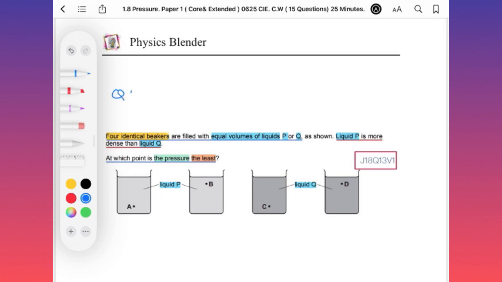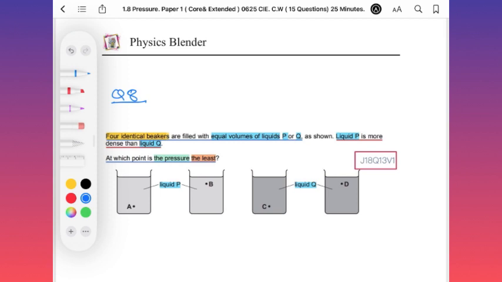Question 8, we have 4 identical beakers filled with equal volumes of liquids, P or Q. But we have here liquid P denser than liquid Q. At which point is the pressure the least? Okay, here we have 2 factors affecting the pressure of liquid.